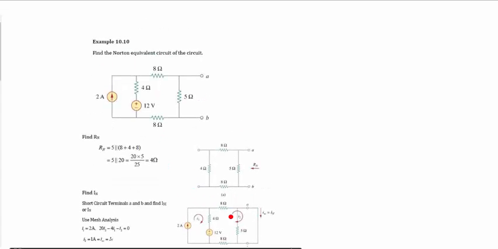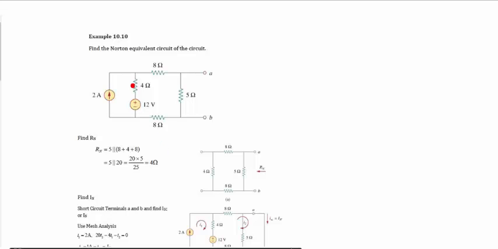This is a circuit where we have to find the Norton equivalent circuit. The first thing, the way we used to find RTH, is to find our RN.